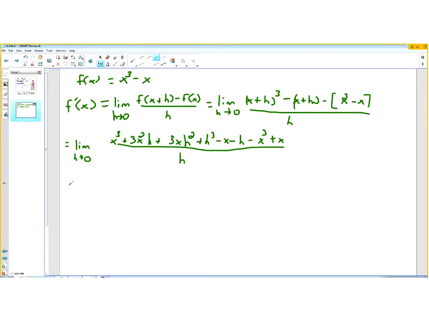And so we can probably do some cancellations in the numerator. Let's see what those are.